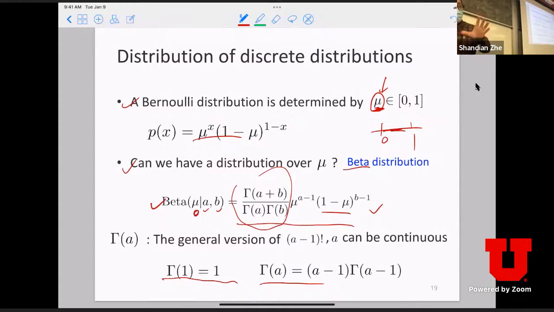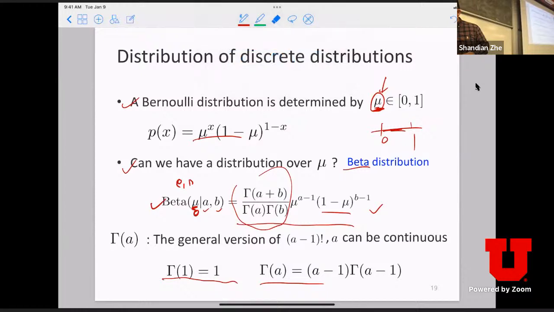First, the mu here is a continuous number between 0 and 1, so this is a continuous distribution. This is not a Bernoulli distribution. Bernoulli distribution is for a binary variable, or in other words, for a discrete variable. But when we model the distribution over the probability mu itself, it becomes a continuous distribution, but restricted: mu must be between 0 and 1.